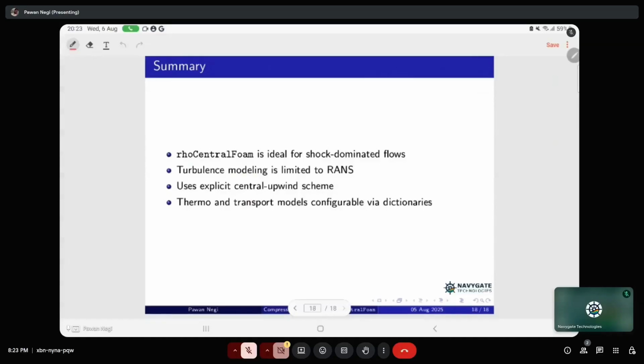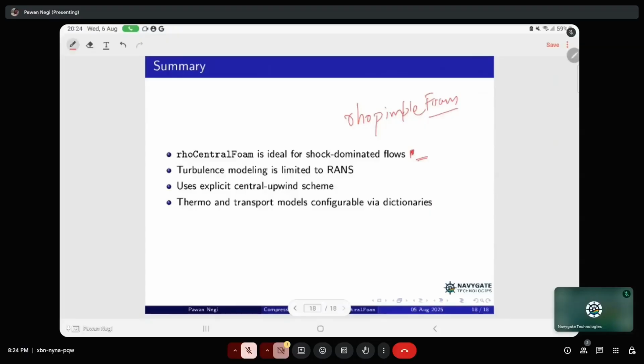In summary, rhoCentralFoam is ideal for shock dominated flows only. If you want to do something else, like a general compressible flow in which there is temperature variation or something like that, and there is no shock, then it is recommended to use rhoPimpleFoam.